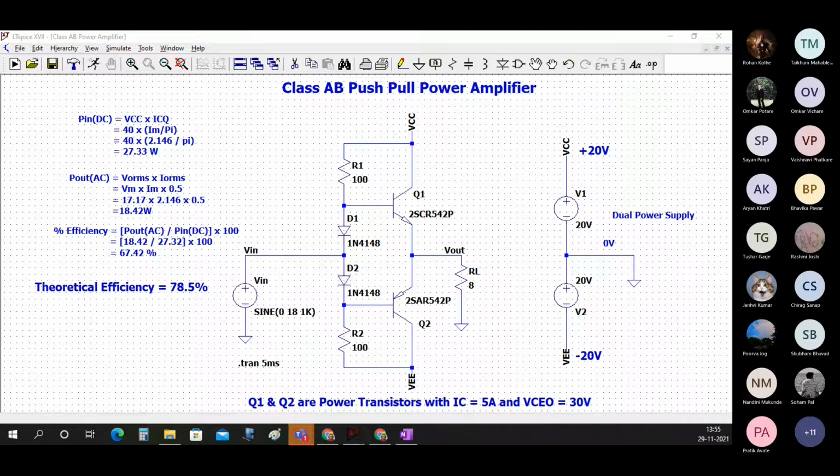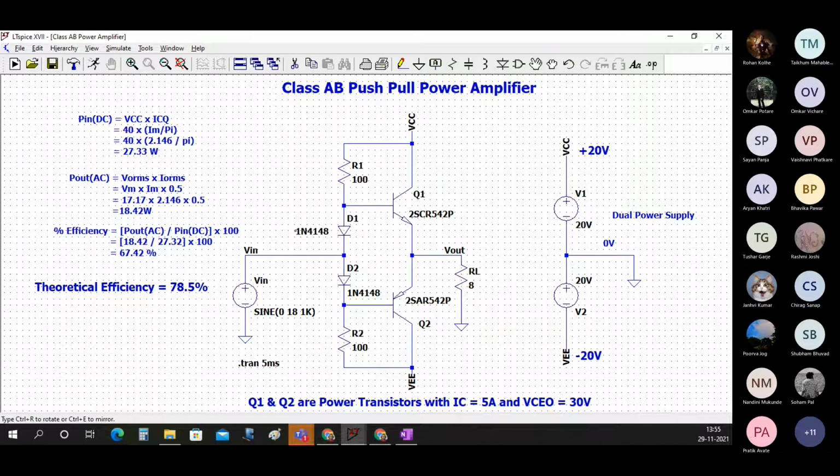Okay, good. Rohan, your circuit is correct, but try to make it look like this. I mean it should look nice. That's it.